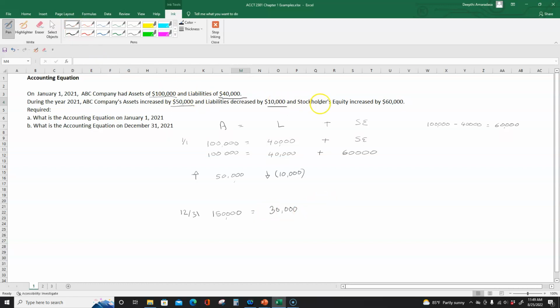Now let's look at equity. What happened to equity? It said stockholders' equity increased by 60,000. We know on January 1st, stockholders' equity was 60,000. If it increased by another 60,000, I'm going to show that 60,000 increase here. The ending stockholders' equity is 60 plus 60, 120,000.